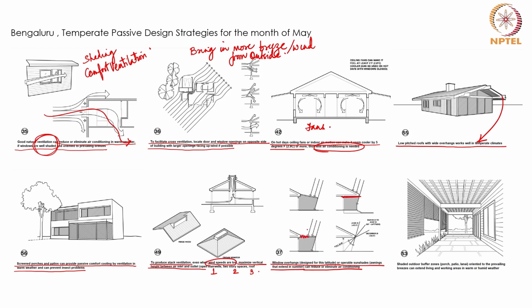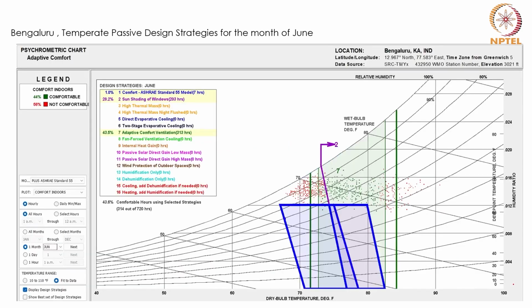The awning can be this much for a particular month or it can extend in such a way that you are able to shade the window. Shaded outdoor buffer zones like porch, patio, lanai oriented to the prevailing breezes can extend living and working areas in warm or humid weather.